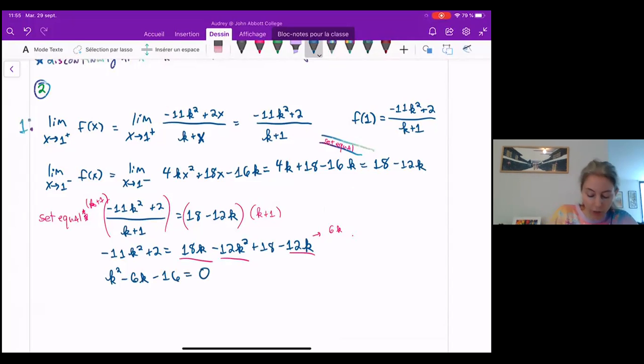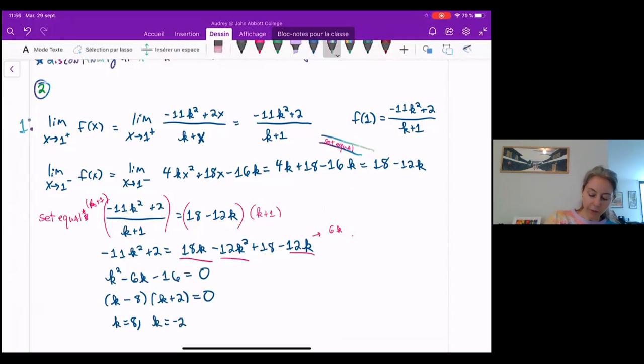And then I want to factor this. So I have k minus 8 times k plus 2 is equal to 0. So those are the two numbers that multiply to give me negative 16 and add to give me negative 6. So this gives me k equals 8 and k equals negative 2.